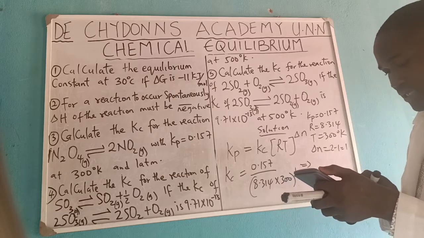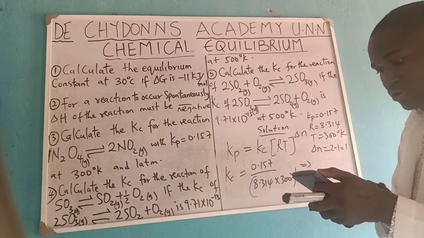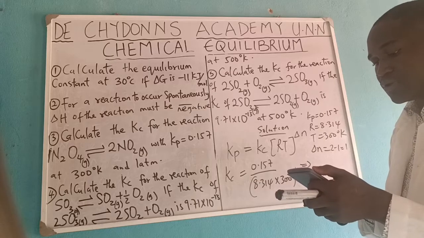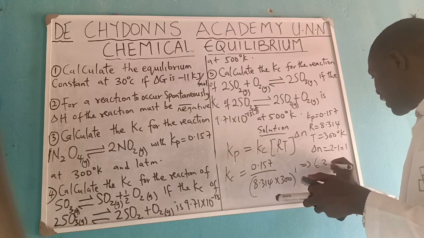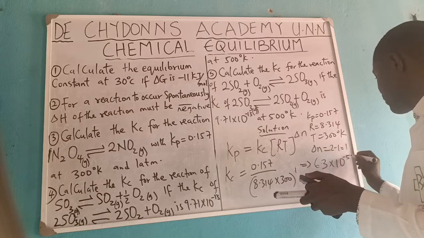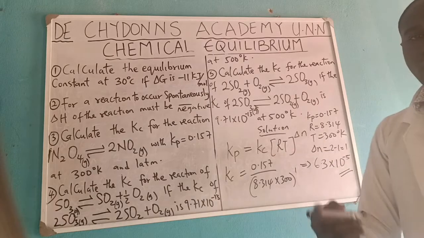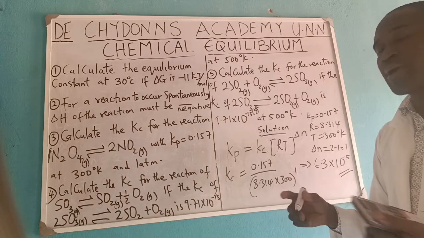Divided by bracket 8.314 times 300. I am getting 6.3 times 10 raised to the power of minus 5. Please use your own calculator and compute your own. Let's see what you get in the comment box.